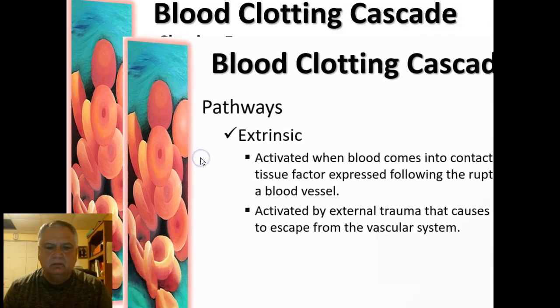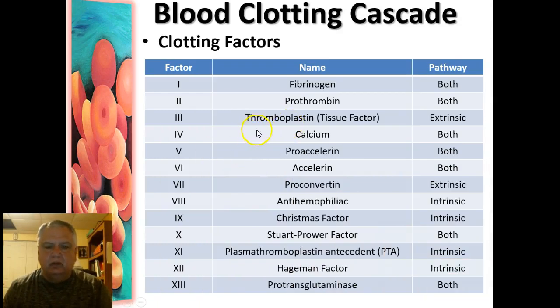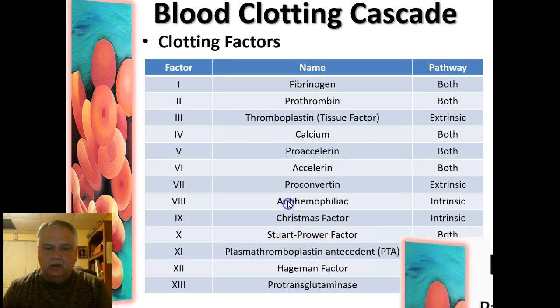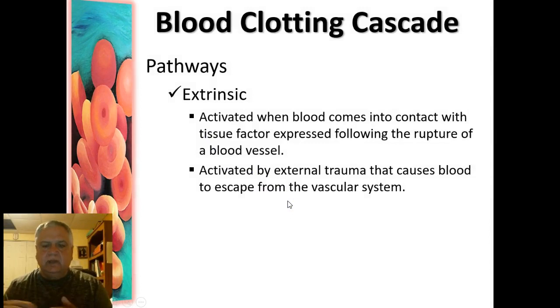Now, if we go back, it can come in contact with what? Thromboplastin, factor number 3. This is extrinsic, right? So this factor is present in tissue immediately surrounding the blood vessel. We didn't talk about this when we went over the structure of the arteries and veins, but we'll talk about it now.